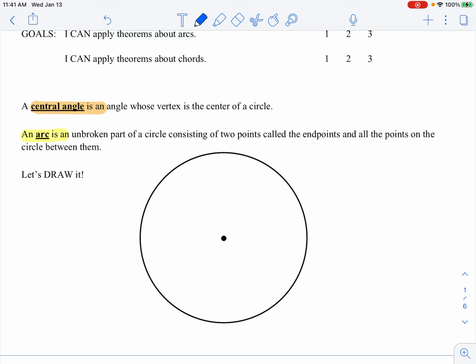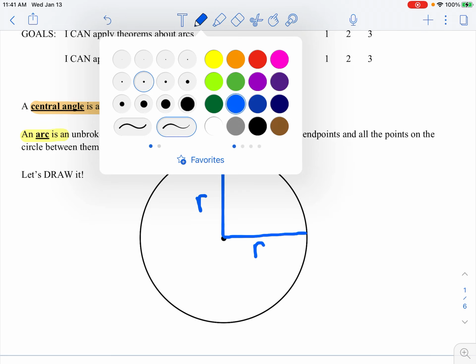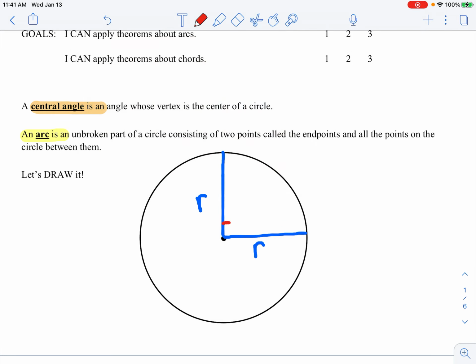So for example, let's go ahead and draw this into our picture. Let's connect a radius here and a radius there. Remember, if it goes from the center to an endpoint, those are both radii. The angle that forms between those two radii is our central angle.